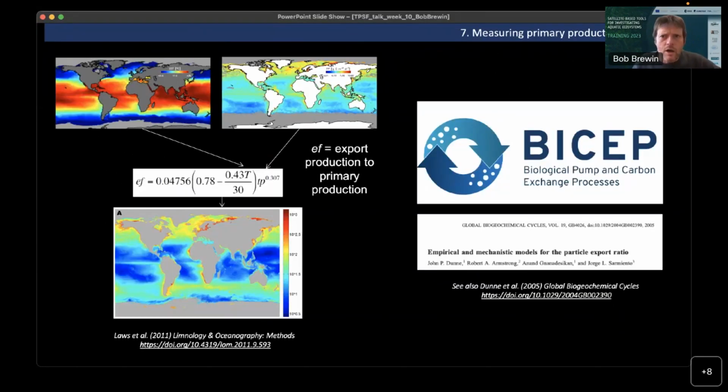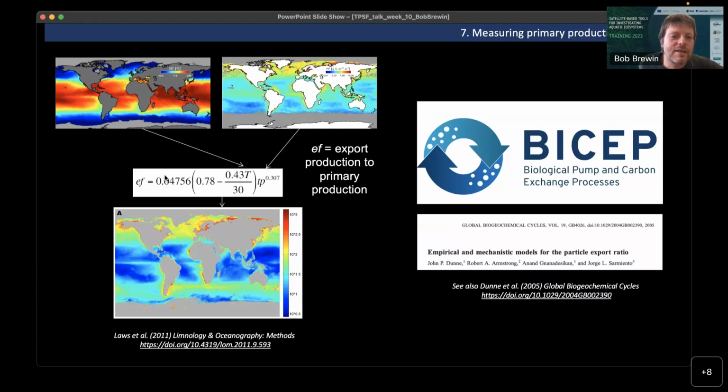Okay, and one other thing to mention, we talk mainly about primary production, but there's also increasing work looking at how we estimate export production, the amount of production in the surface layer that gets exported below the euphotic zone. And there are techniques that people have developed to do this. This EF here is what they call the export production to primary production ratio.